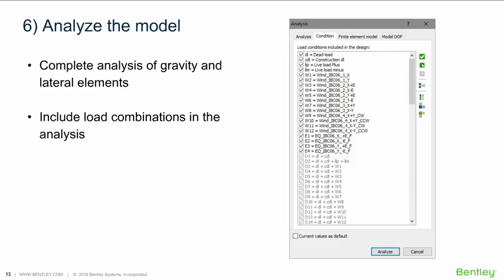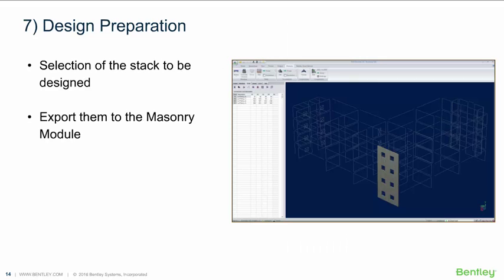When you analyze the model, all load cases previously generated in the RAM Structural System, plus the combinations generated in RAM Elements, are included. You have the option to disable whatever you don't want included in the run. After a successful analysis, you can start designing the masonry walls.